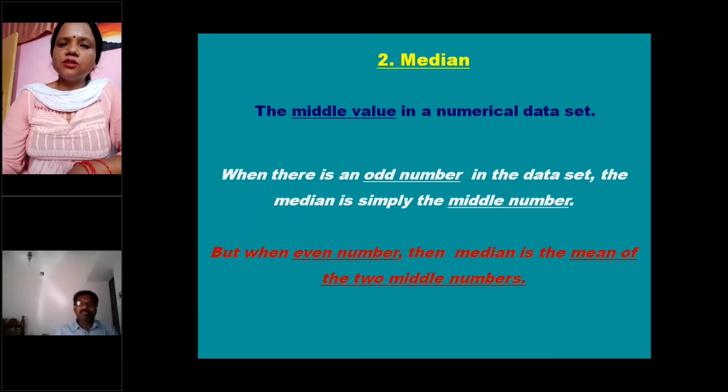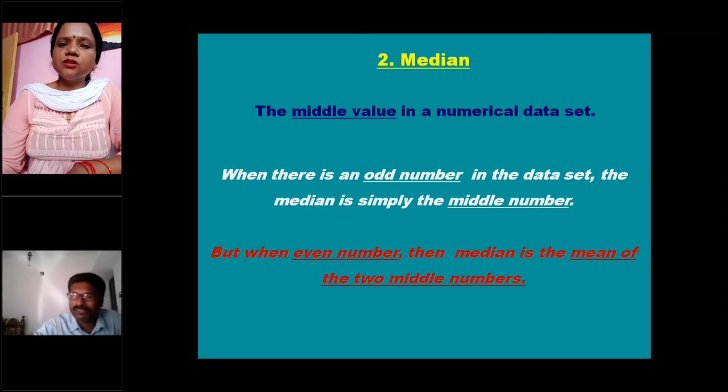If it is odd, it is very easy to find the median, because it is the middle number in the data set. If it is even, then the median is the middle of the two middle numbers. To find the median of the even-numbered data, we add these two middle numbers and divide by 2.